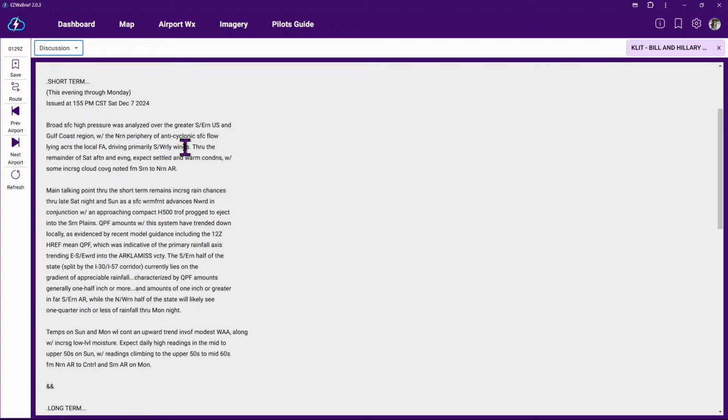Those southwesterly winds are from a warm and moist source. Through the remainder of Saturday afternoon and evening, expect settled and warm conditions, with some increasing cloud cover noted from southern to northern Arkansas.